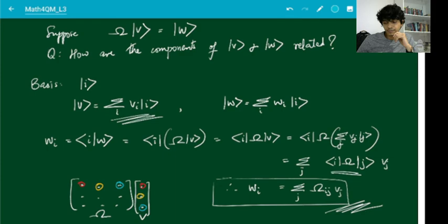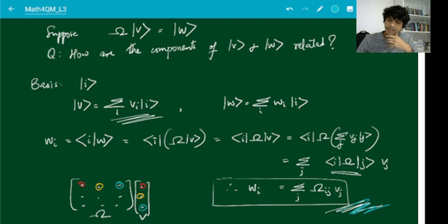So this formula, and the formula in the box, is just telling you how to do matrix multiplication. So we derived it by starting from the basis vector representation of the operators and the vectors.